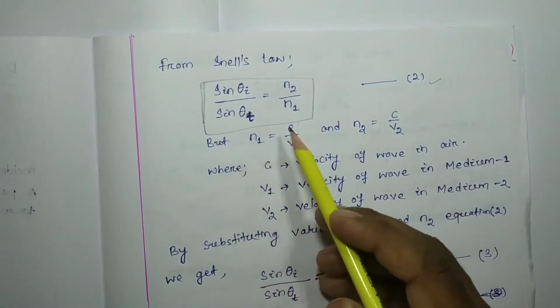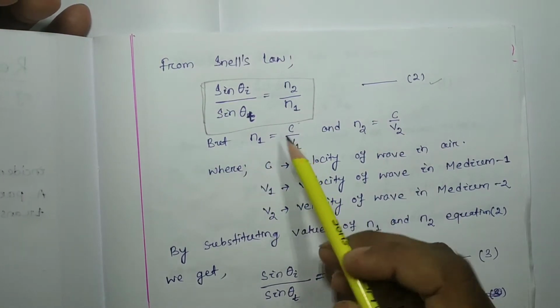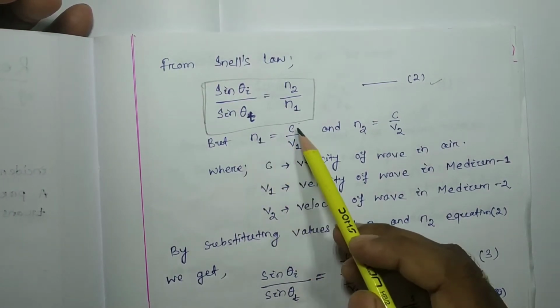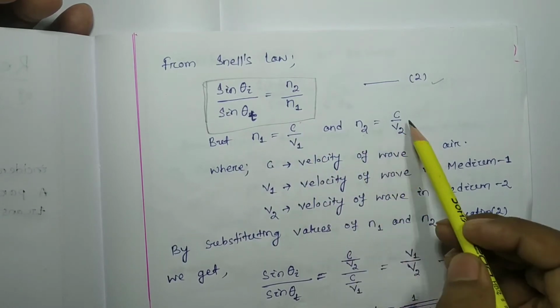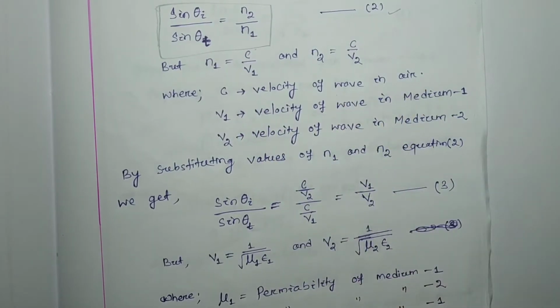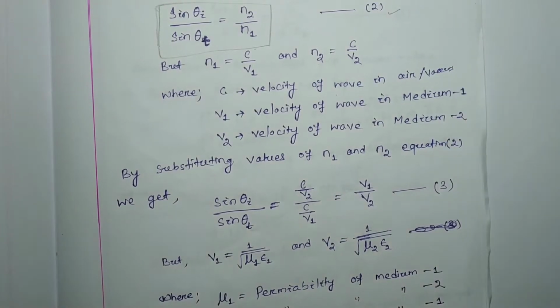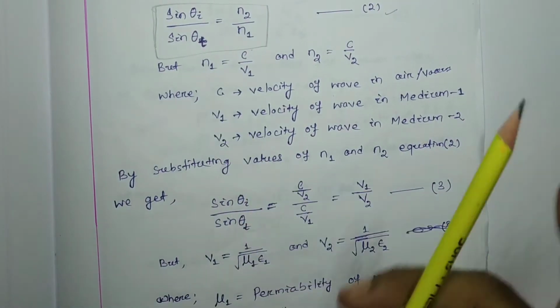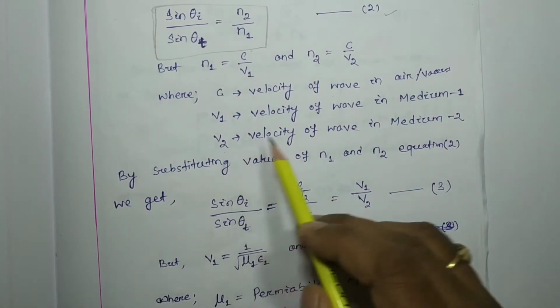But we know that refractive index is nothing but C by V. So for medium 1 it can be written as C by V1, and for medium 2 it will be C by V2, where C is the velocity of the wave in vacuum, V1 is the velocity of the wave in medium 1, and V2 is the velocity of the wave in medium 2.